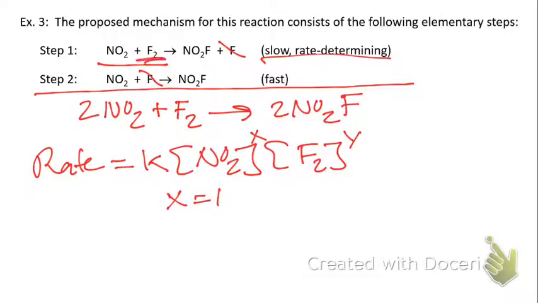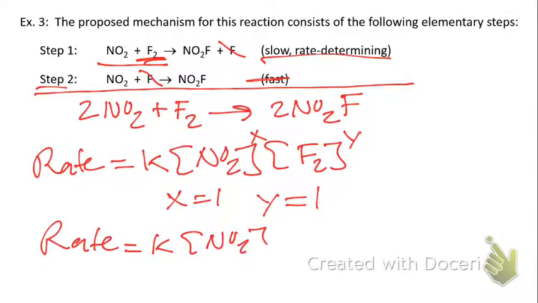And we have 1 F2. Therefore, Y must be 1. And we don't worry about step 2 because it's the fast step. So therefore, our rate law is NO2 to the first and F2 to the first.